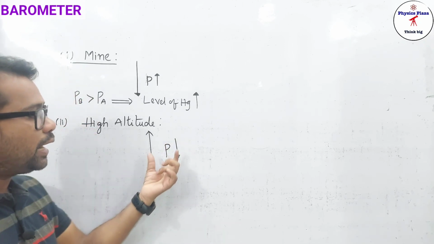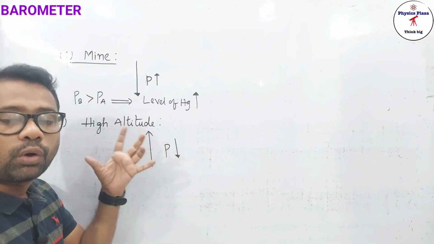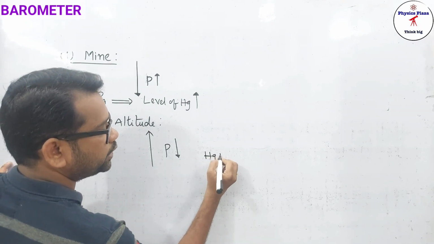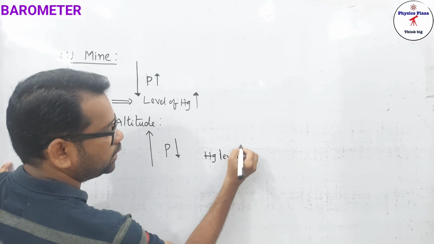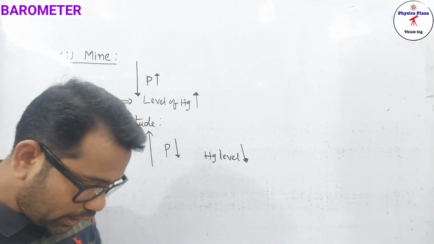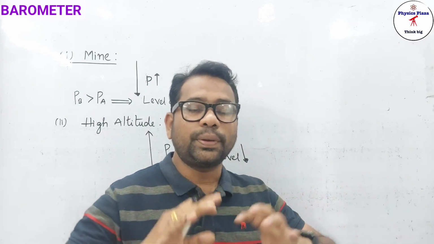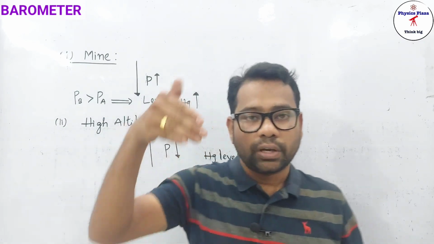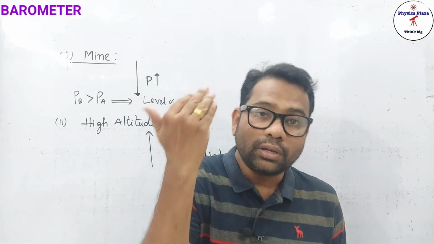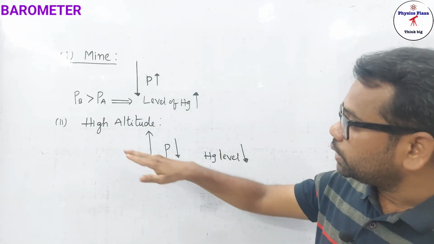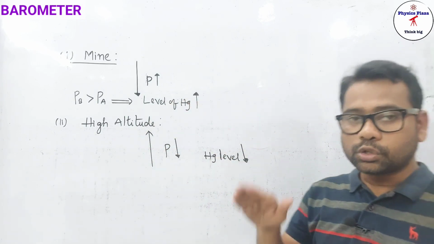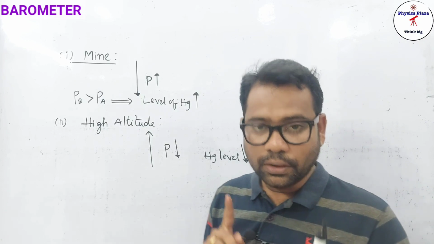So whenever atmospheric pressure decreases, the mercury level decreases. It purely depends on how the pressure changes outside. As we go into the mine, the pressure increases, due to which the level of mercury rises, whereas at higher altitudes the pressure keeps on decreasing, due to which the mercury level also decreases. Is it clear? Fine.